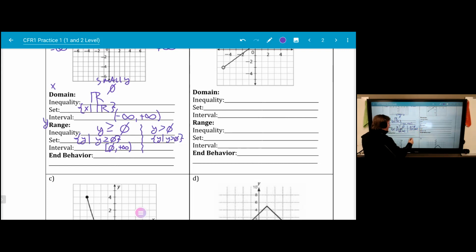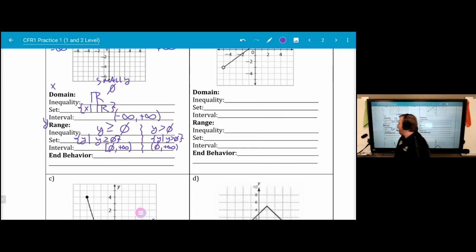And then down here, from 0 to positive infinity. Notice how all three of these agree. You need to make them agree. If you don't think it touches the value, represent that in all three notations.